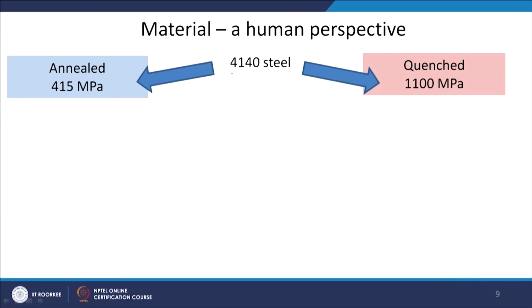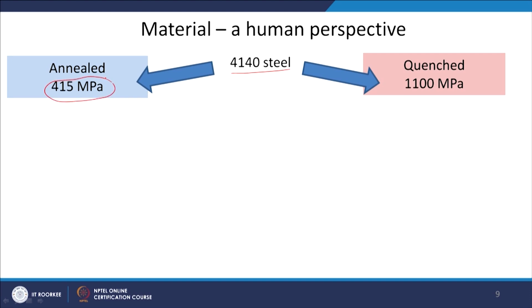So, for example, if I take simple 4140 steel and do an annealing, which is one kind of treatment, I get a strength of 415 megapascal.